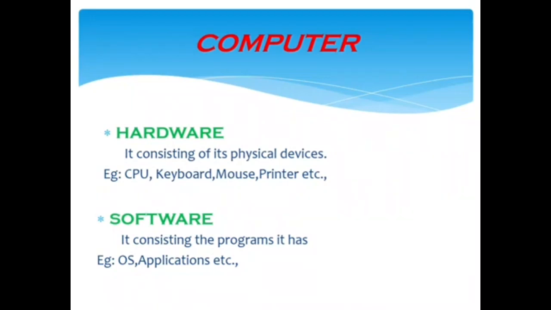Now listen, the two main components I said are hardware and software. Hardware consists of physical devices. That means the physical part of the computer. So what is the physical part of the computer? Monitor, printer, keyboard, mouse, CPU. All these you can touch, yes or no? So we call it the physical part of the computer.